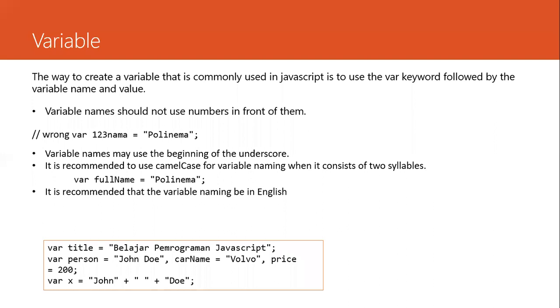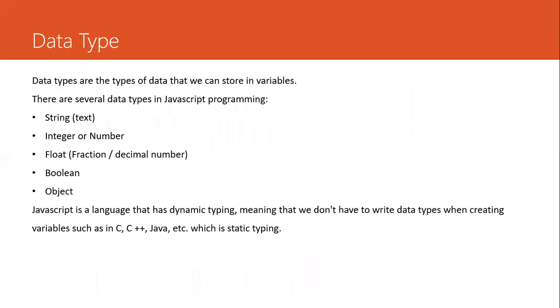Okay. After learning about variables, in every programming language we also learn about data types. Usually every variable that we save has a data type. In JavaScript, there are several data types.